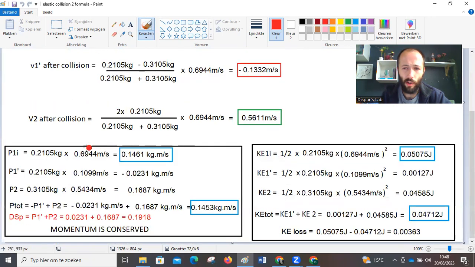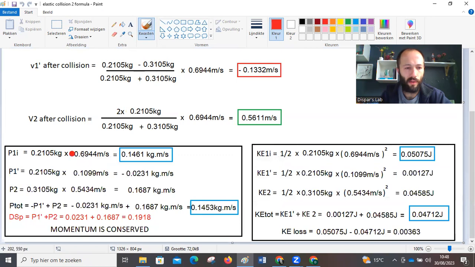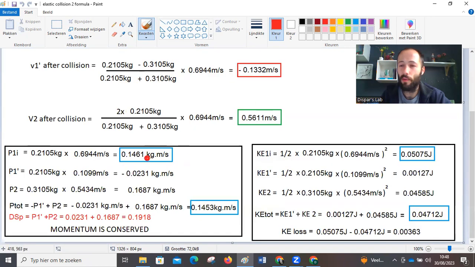The initial total momentum is the mass of part 1 times the velocity of part 1 before collision. So mass 1.2105 kilograms times its initial velocity, which is 0.6944, and that equals 0.1461 kilograms times meter per second. That's the total initial momentum before collision.